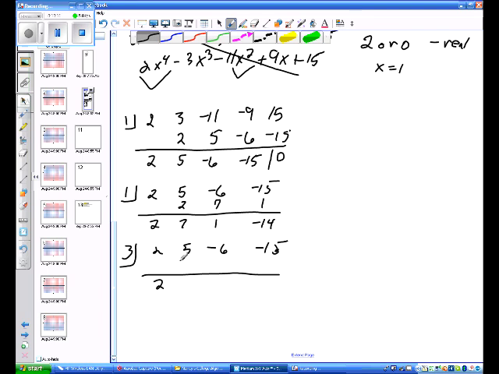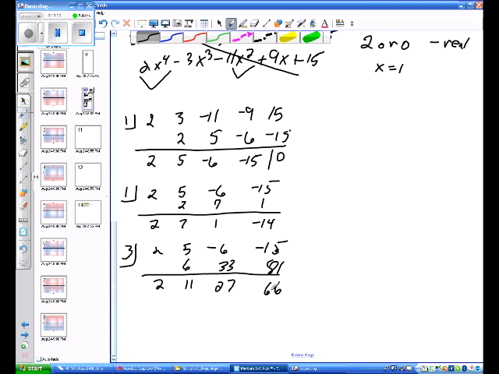So 2 times 3 is 6, plus 5 would be 11. 33 minus 6 would be 27. 81. 81 minus 15 is 66. So it's not this one. Now, there is a theorem when you deal with the upper bounds and the lower bounds that might help you. Once all of your signs are positive, that means a greater number is not going to be a root.